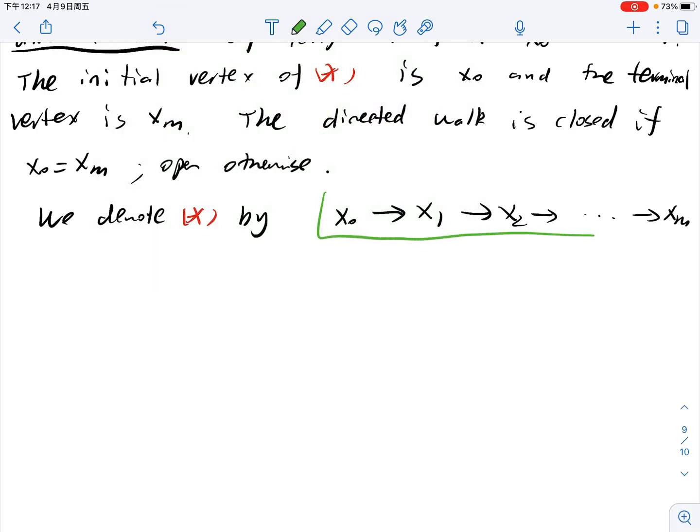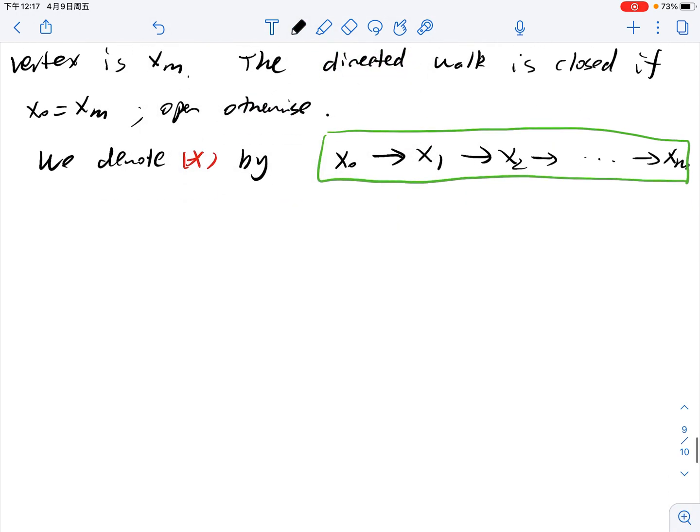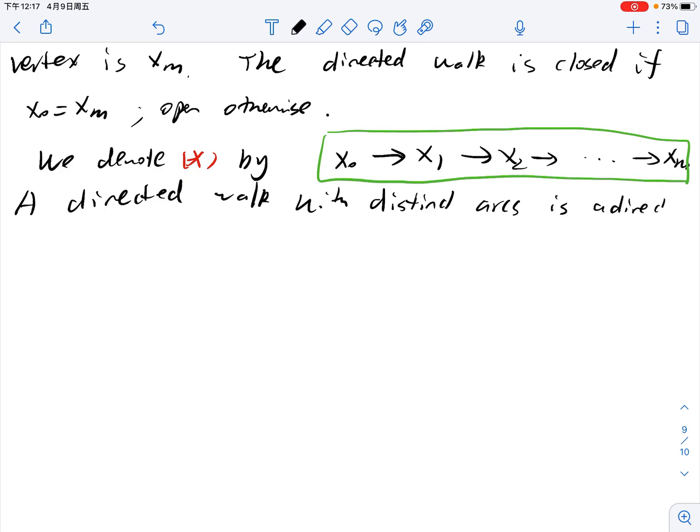Here we use arrows instead of horizontal lines. A directed walk with distinct arcs is a directed trail.